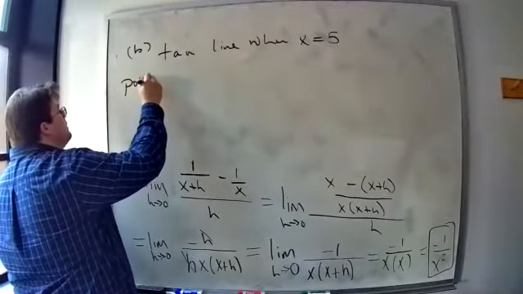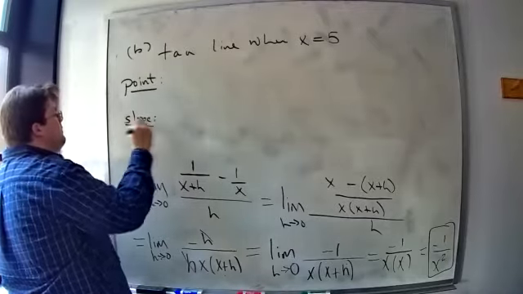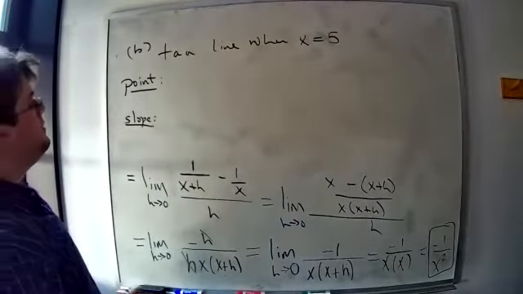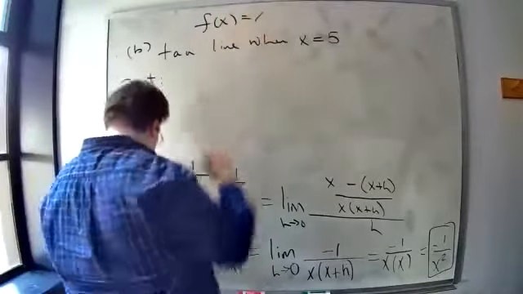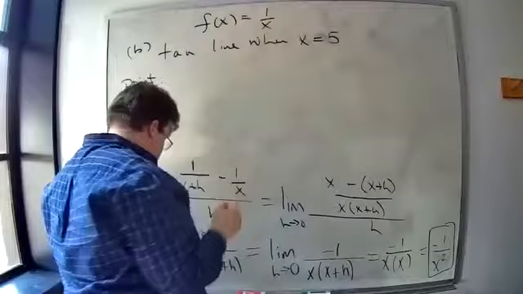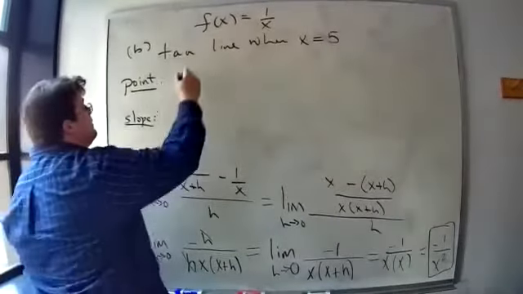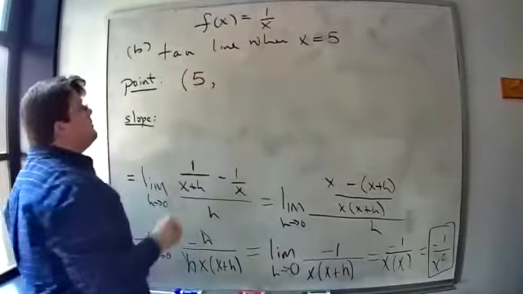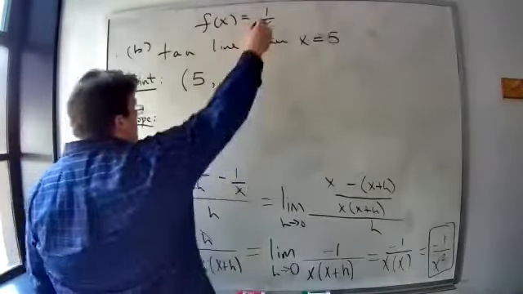When we need a line, we need a point, and we need a slope. Well, this function is 1 over x. So the point, well, the x value is 5. The y value is given by the function at 5, 1 over 5.